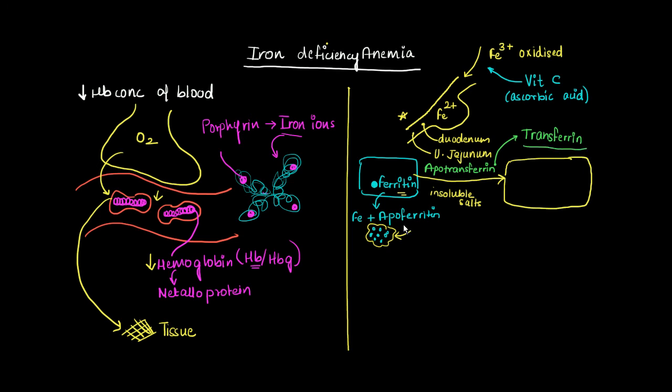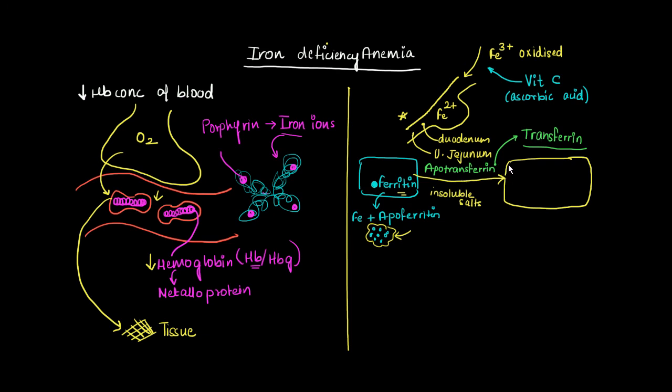So, it's very comparable to ferritin and transferrin. Ferritin is a storage form wherein iron is combined with apoferritin, while transferrin is the transfer form of iron where iron is combined with apotransferrin to be transported.